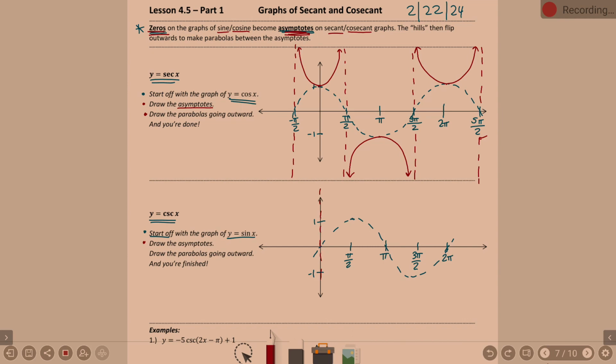There's a vertical asymptote on the y-axis. I also cross the x-axis at pi, so there is an asymptote at pi. And I cross the x-axis at 2 pi, so there's a vertical asymptote at 2 pi.